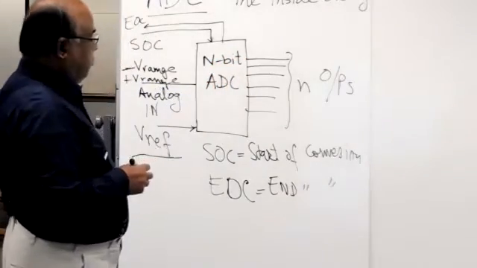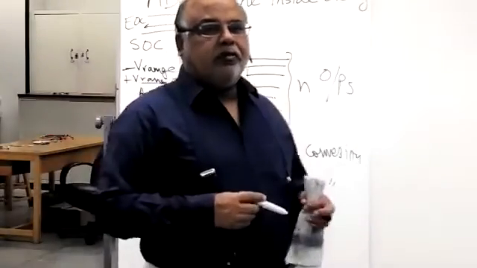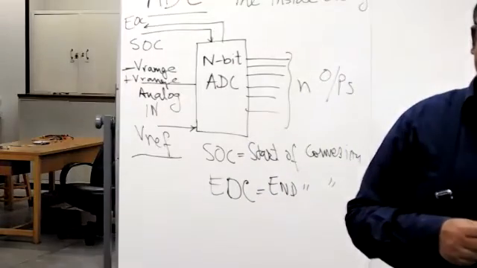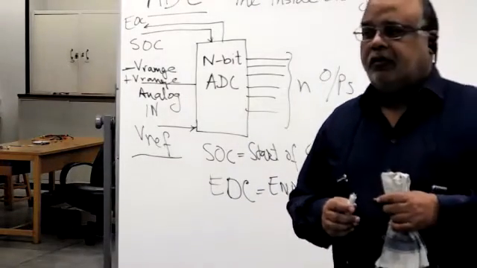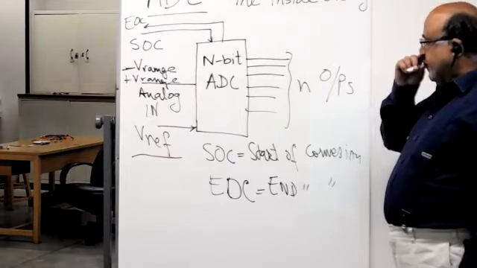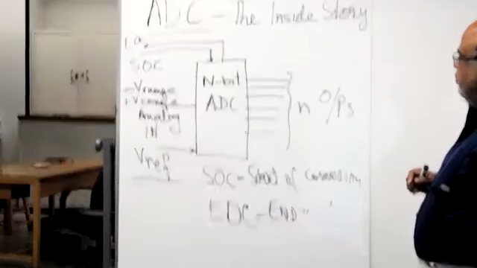is not like any other gates or any other devices that we have studied. Not like DAC. It takes time to convert. So ADC takes a finite time for conversion.